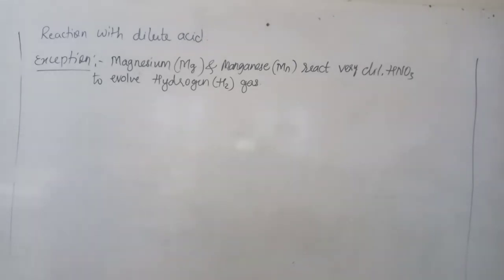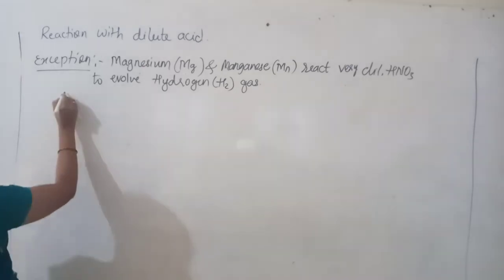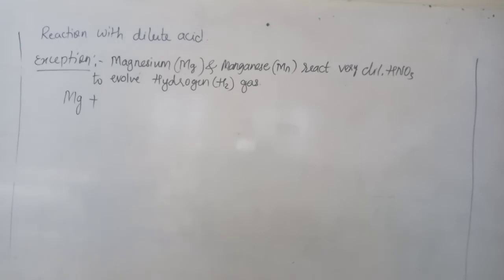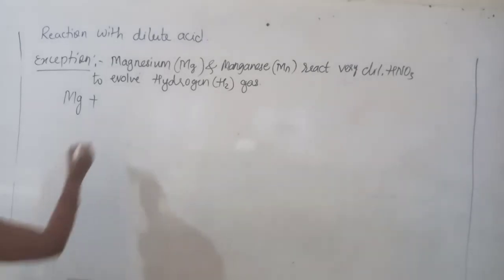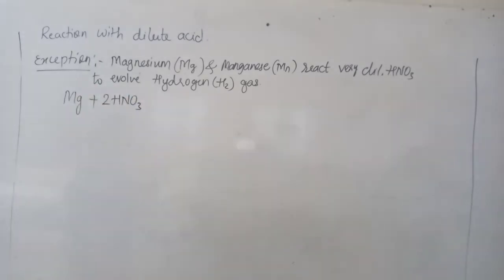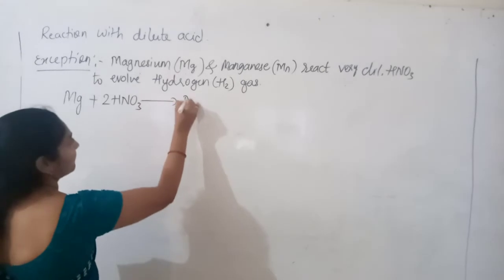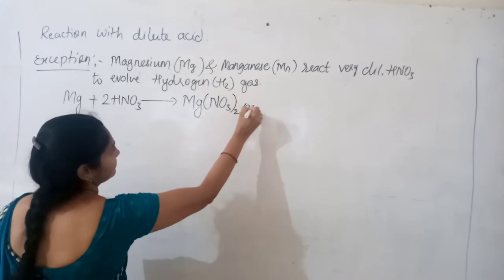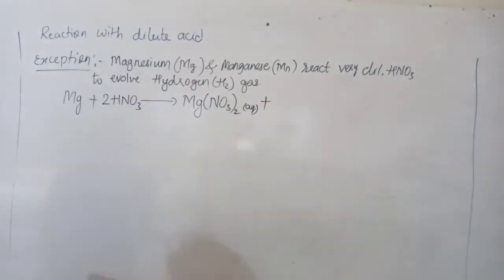Then how are we going to write the equation? Let us consider magnesium plus 2HNO3 going to form magnesium nitrate plus hydrogen gas.